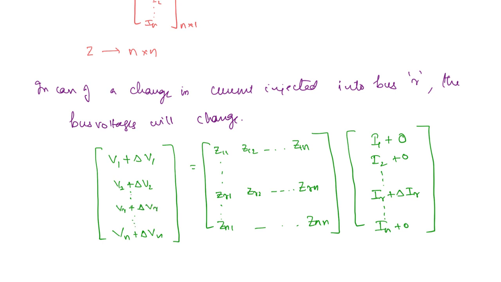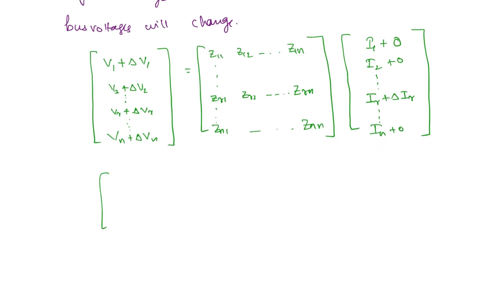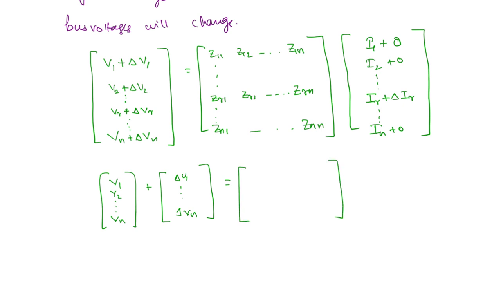Now we can write this matrix as the original V matrix, V1, V2 and so on till Vn, plus the change in voltages, delta V1, delta V2 and so on till delta Vn. This will be equal to the Z bus matrix, I am not writing the elements again, multiplied by the current matrix, which you can also divide into two matrices.